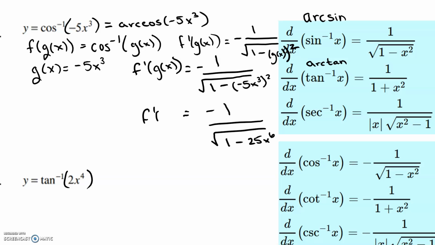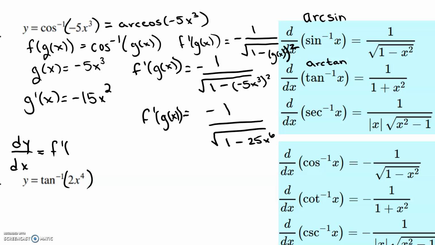So we've got our derivative of the outside with the inside staying the same, right? Now we just need to follow through with the derivative of the inside and then multiply the two results using our chain rule. So the derivative of this inside is negative 15x to the 3 minus 1, which is 2. So the chain rule says that if I'm finding my overall derivative here, I'm going to do f prime of g times g prime.